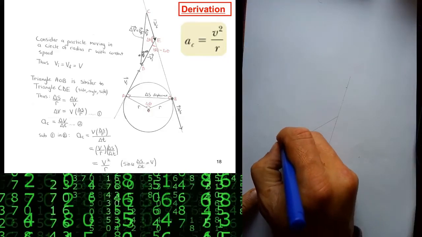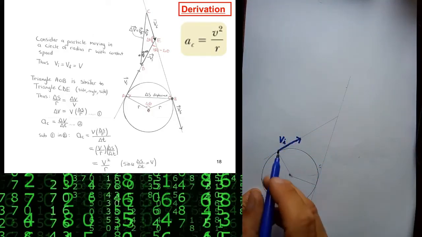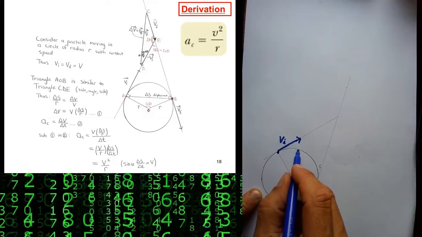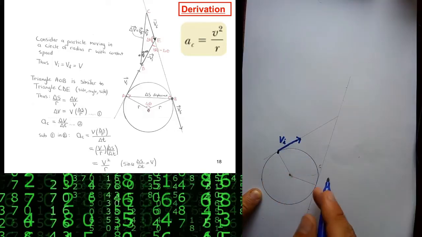I'm going to call this velocity vector VI. Then it will have rotated clockwise around the circle, and at some time later, sometime t, it will find itself at this position here. And in this case, the velocity vector will now be pointing in this direction. It's a tangent to the circle at this point.